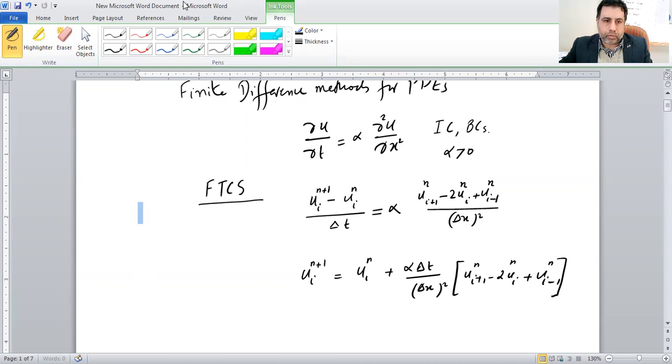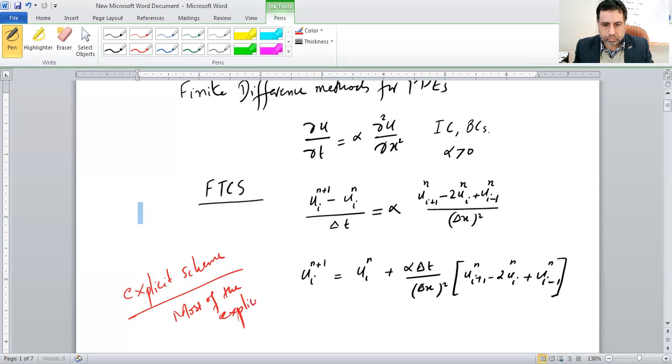So last time I told you that this is an explicit scheme. Most explicit schemes suffer from stability criteria.